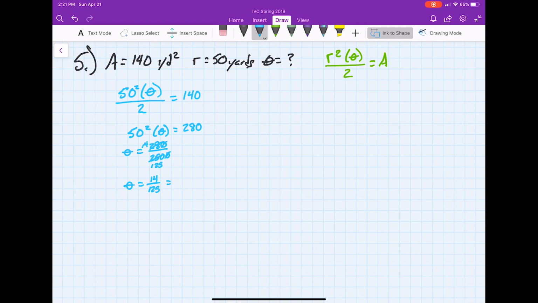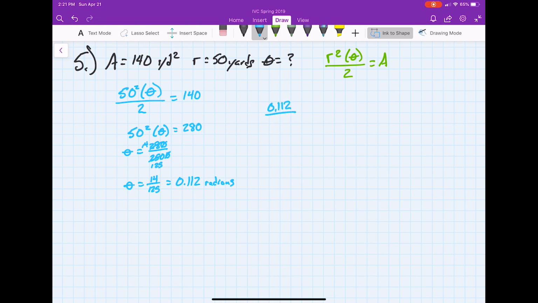So we need to convert this. Actually, let's divide it out. And the calculator says it's 0.112. And again, that's radians. So we have to convert these radians to degrees because that's what they asked for. They asked what degree does it rotate through.